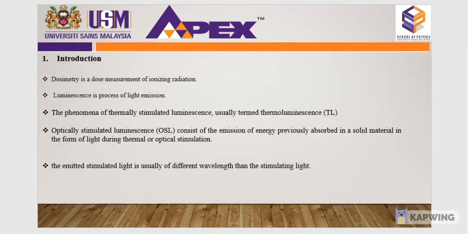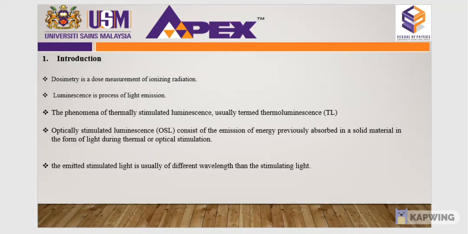Slide 3 consists of an introduction. The introduction consists of the definitions of dosimetry and luminescence. Dosimetry means the dose measurement of ionizing radiation, while luminescence can be defined as a process of light emission.